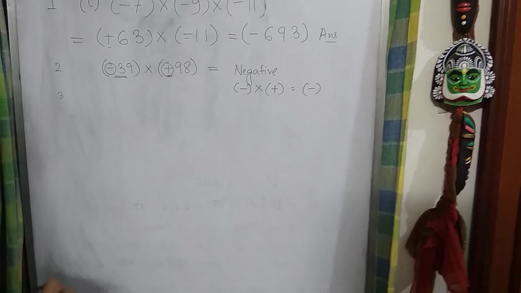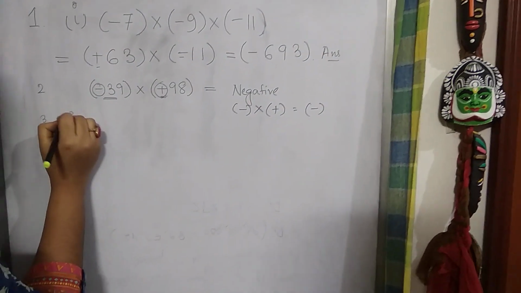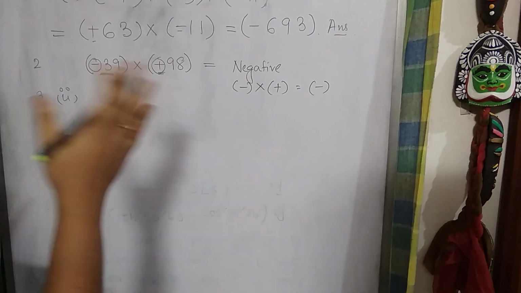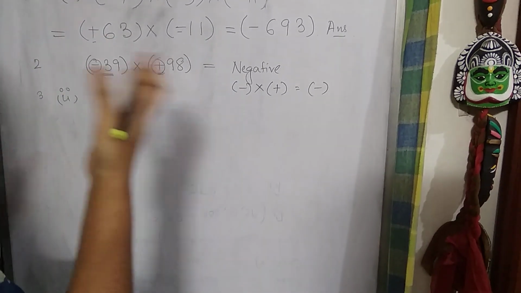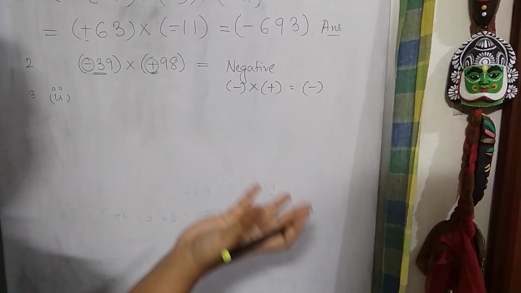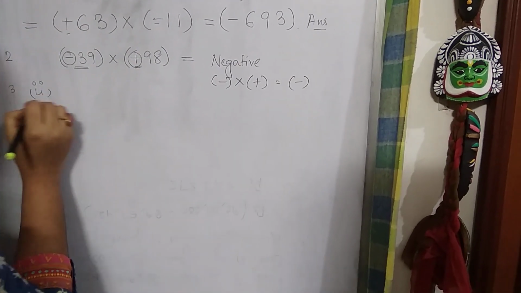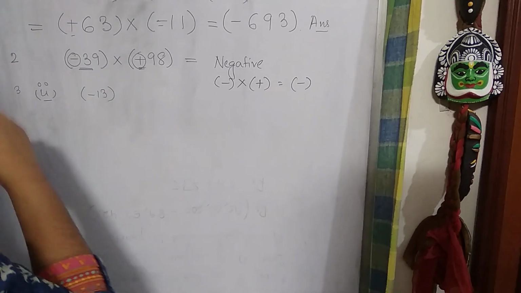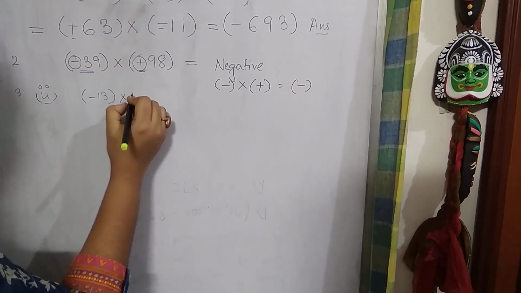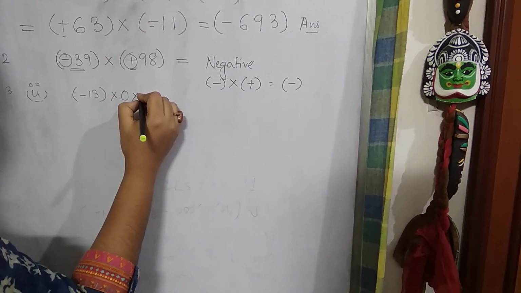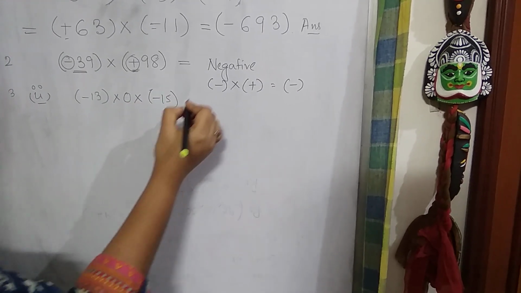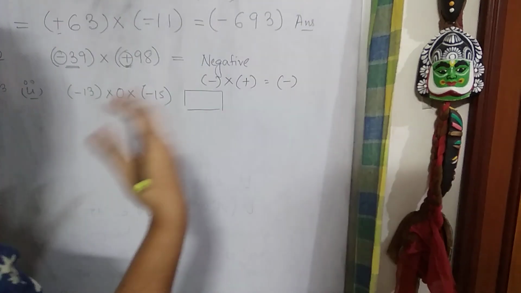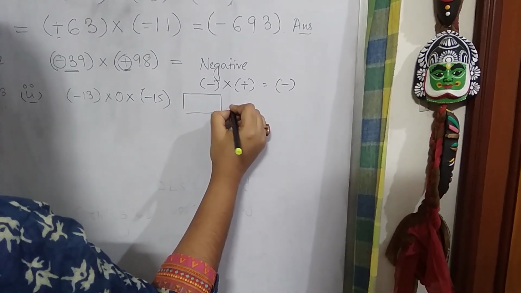Now coming to number 3, sum number 2. Here it is said to use the signs greater than, smaller than or equal to, to show that the statements are true or false. So I am going to do number 2 for you. Here on the left hand side is given minus 13 into 0 into minus 15, with a blank space in between to show whether they are tallying, both the right hand side and the left hand side.